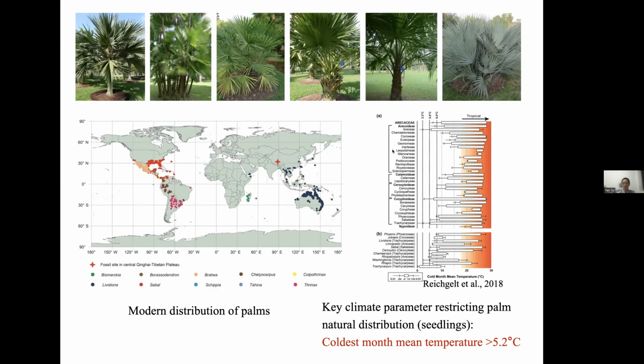This value should be more than 5.2 degrees. So this value is very important to constrain the paleoelevation.